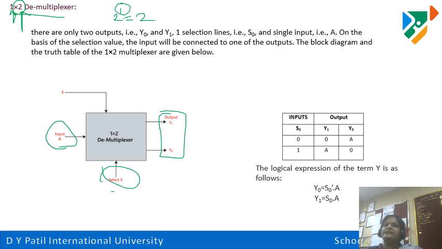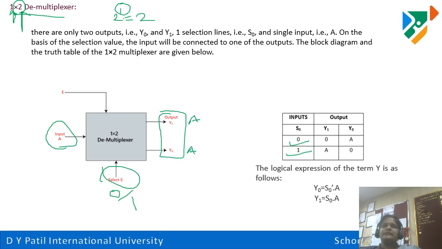If the select line is 0, input A will come out at the Y0 output. But if the select input is 1, the input will come out at Y1 as the output. If you look at the truth table, the select line can be either 0 or 1 alone.